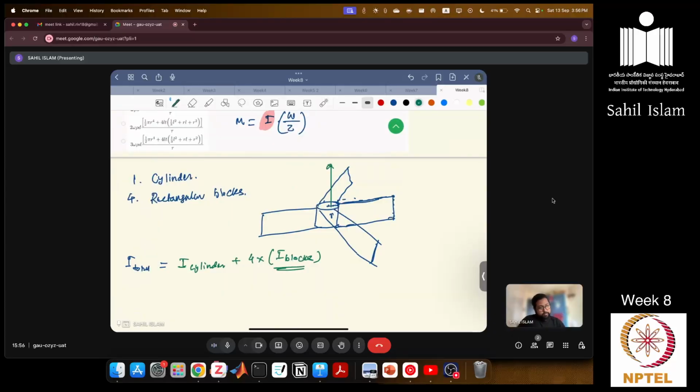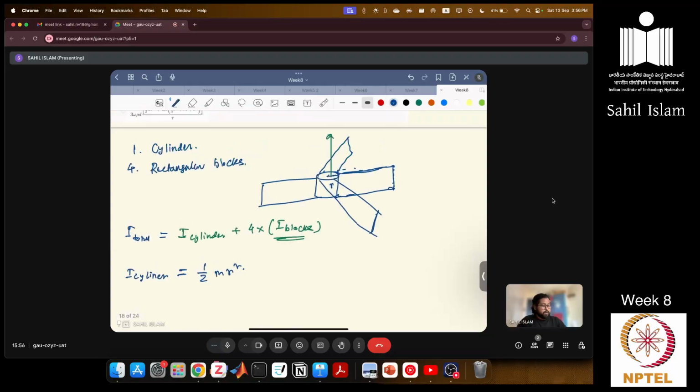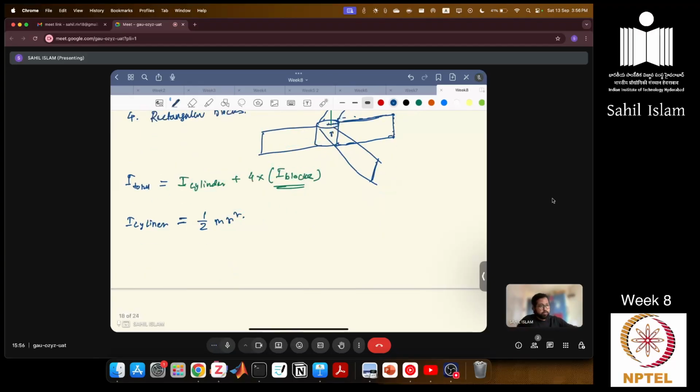Okay, so let's calculate I cylinder. We all know this formula, I am not going to derive it; look at the lectures or your course. I cylinder is half m r square, the moment of inertia of a cylinder passing through its center like this. Simple, the good old formula. Now let's convert the mass to rho times volume.